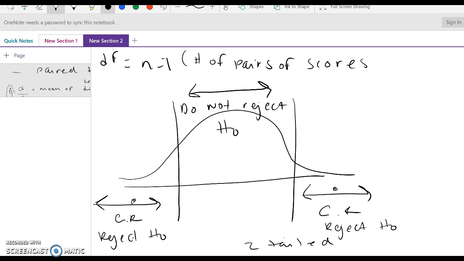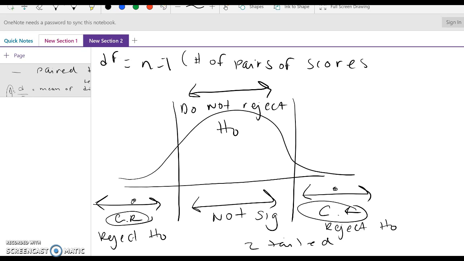So all of this, again, is to determine, do we reject or not reject our null hypothesis? If a calculated t ratio falls within the critical region, the ratio is significant. If the ratio is less than the critical region, then it represents a difference that is not significant or likely due to chance. And this area is not significant.